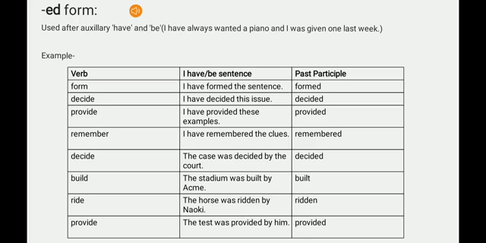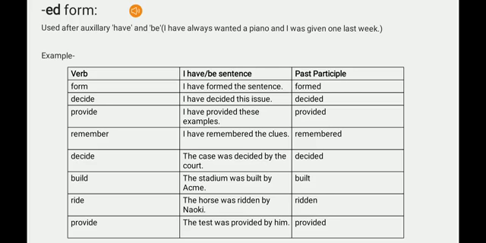So for decide, we have: the case was decided by the court. Was is a form of be here. Decided is the past participle of decide. Then build: the stadium was built by Acme. So was is another auxiliary verb and built is the past participle of build.